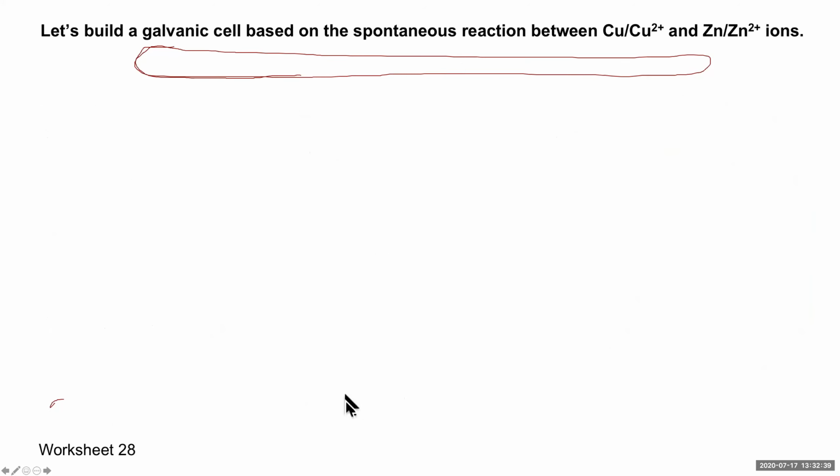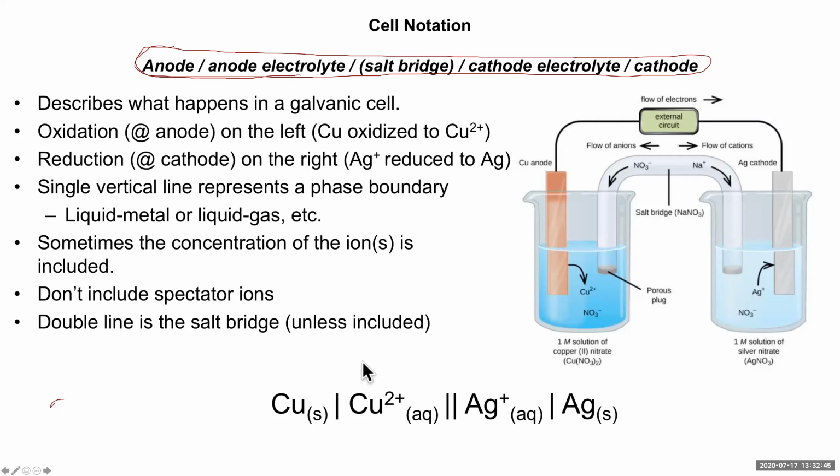So here's our notation, and on the left is what's going on at the anode, and on the right is what's going on at the cathode. So I'll just write here, this is the anode side, this is the cathode side.